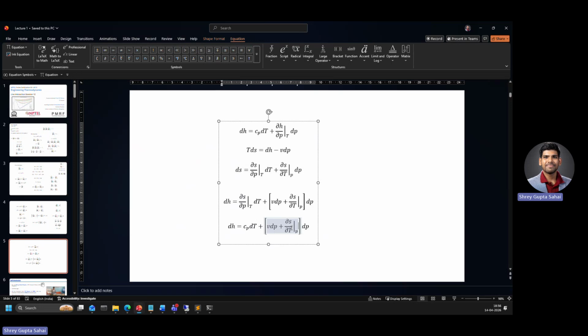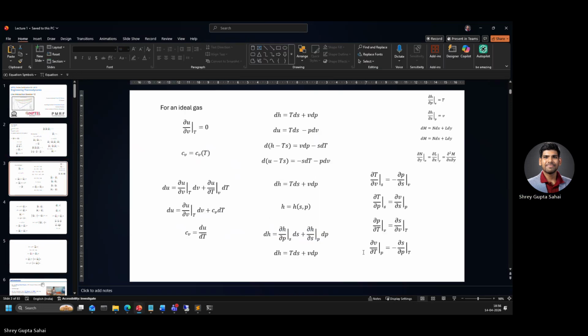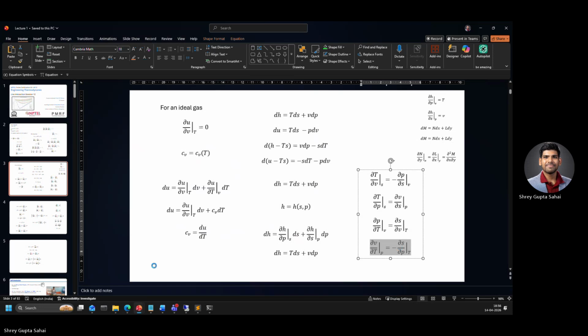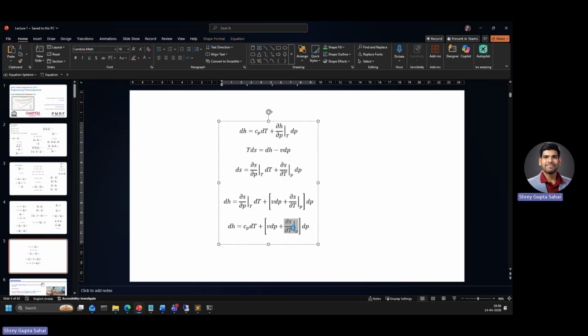Now, if you do that and use Maxwell's relation, you get a minus sign here.